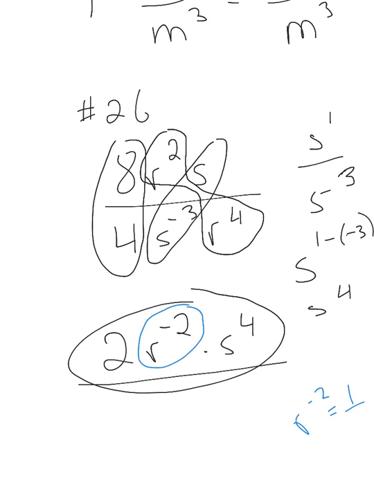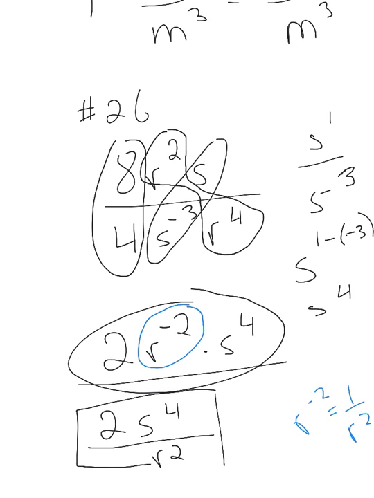It's really 1 over r squared. So the final answer should be 2s to the fourth, leave it the way it is, and r to the negative second is 1 over r to the second, so basically r squared goes in your denominator. This is your final answer.